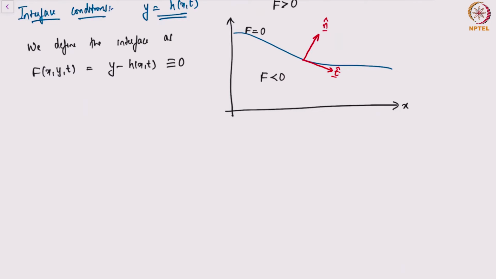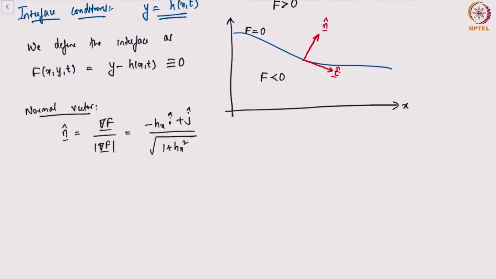So the normal vector n hat would be the gradient of this f divided by the magnitude of the gradient, and that will be minus hx i plus j over square root of 1 plus hx square. We've already seen this earlier, so I'll not repeat it. Hx is a shorthand notation for dh by dx.